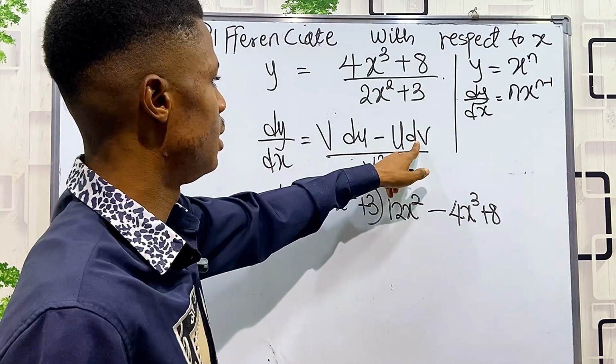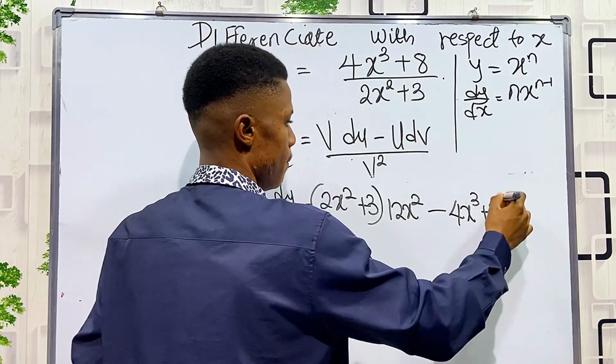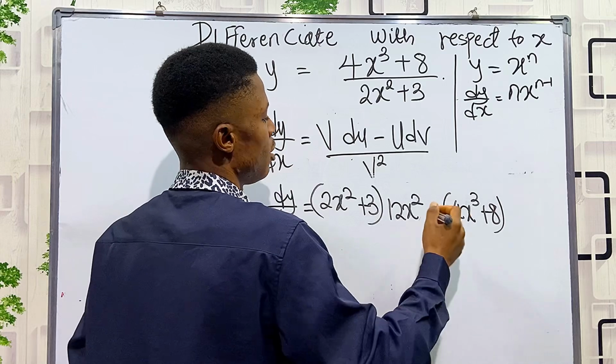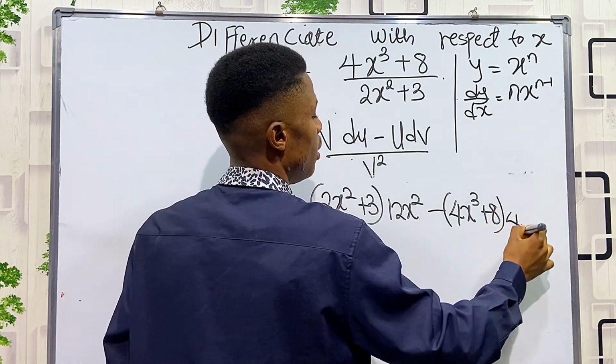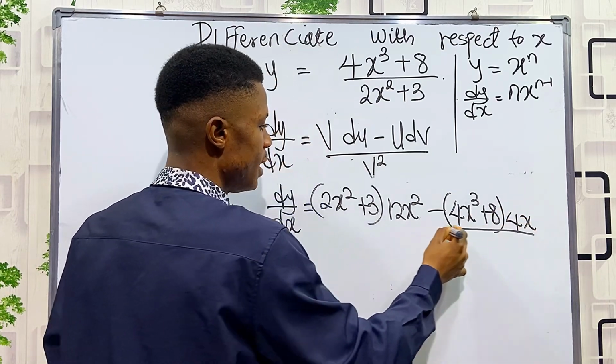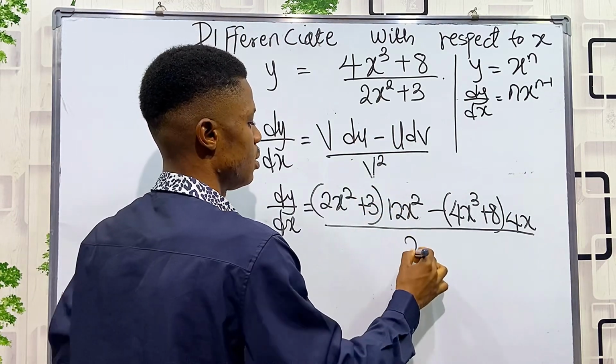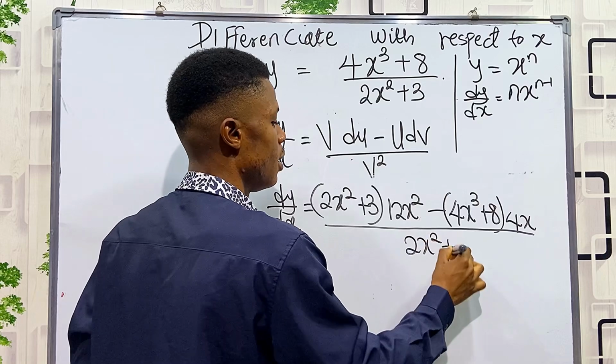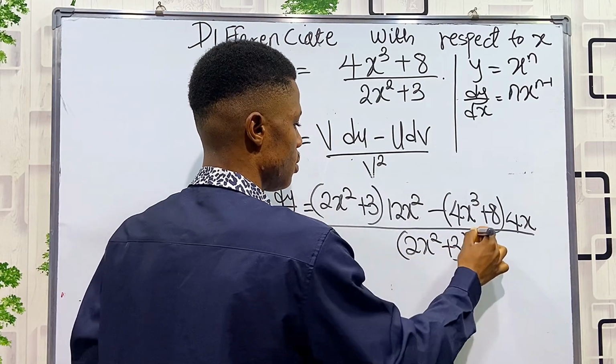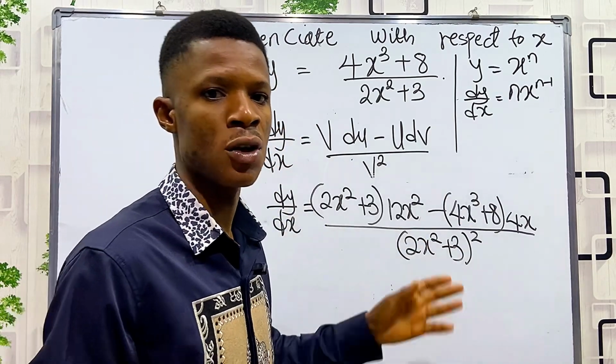Our dv is equal to 4x. Then divided by our v squared. Our v squared is 2x squared plus 3, all squared. And this is the function we got.